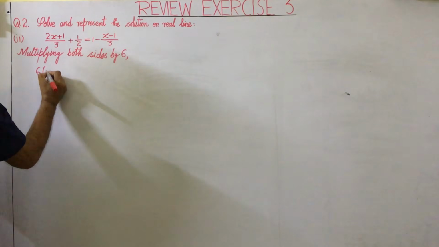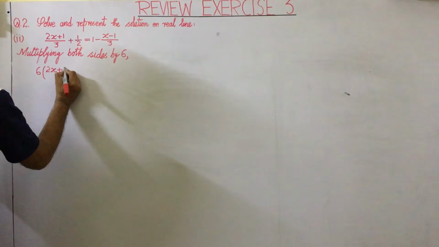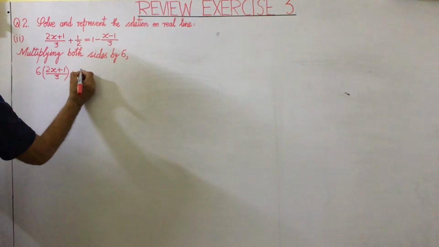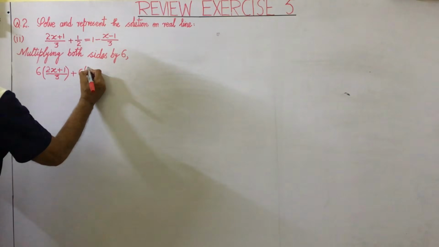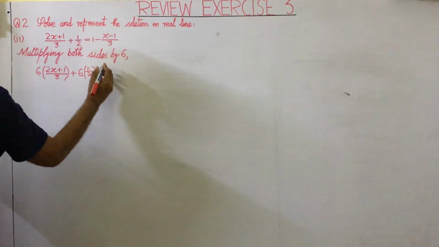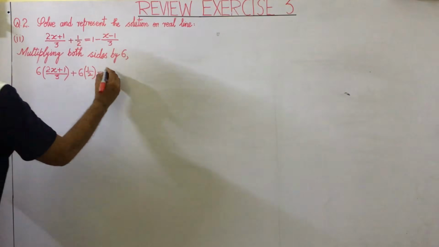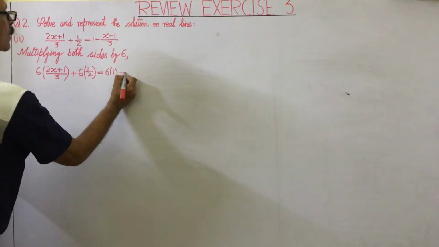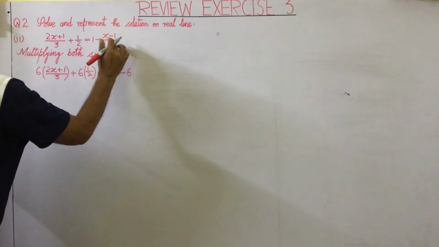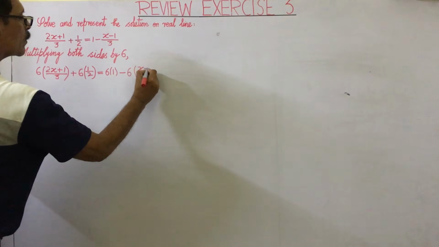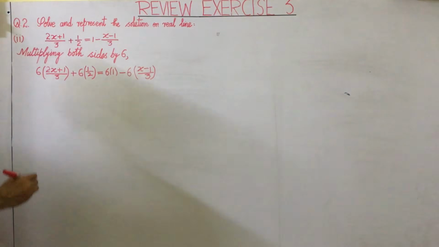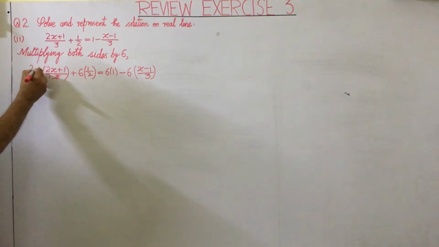6 into (2x plus 1) over 3 plus 6 into 1 by 2 equals 6 multiplied by 1 minus 6 into (x minus 1) over 3. 3 ones are 3, 3 twos are 6.